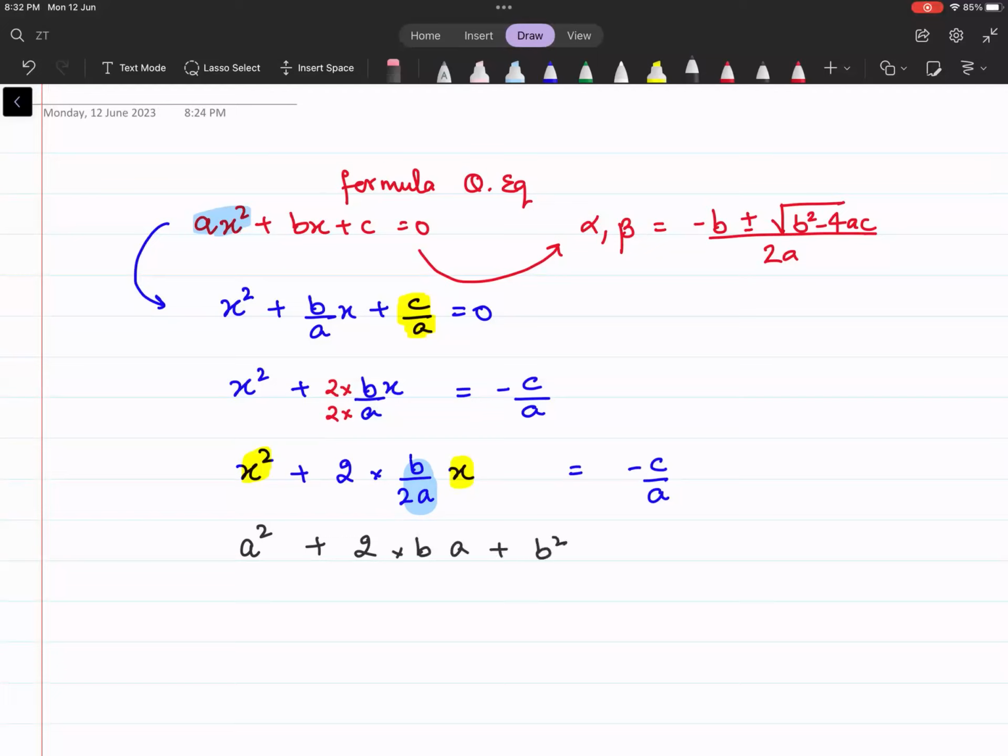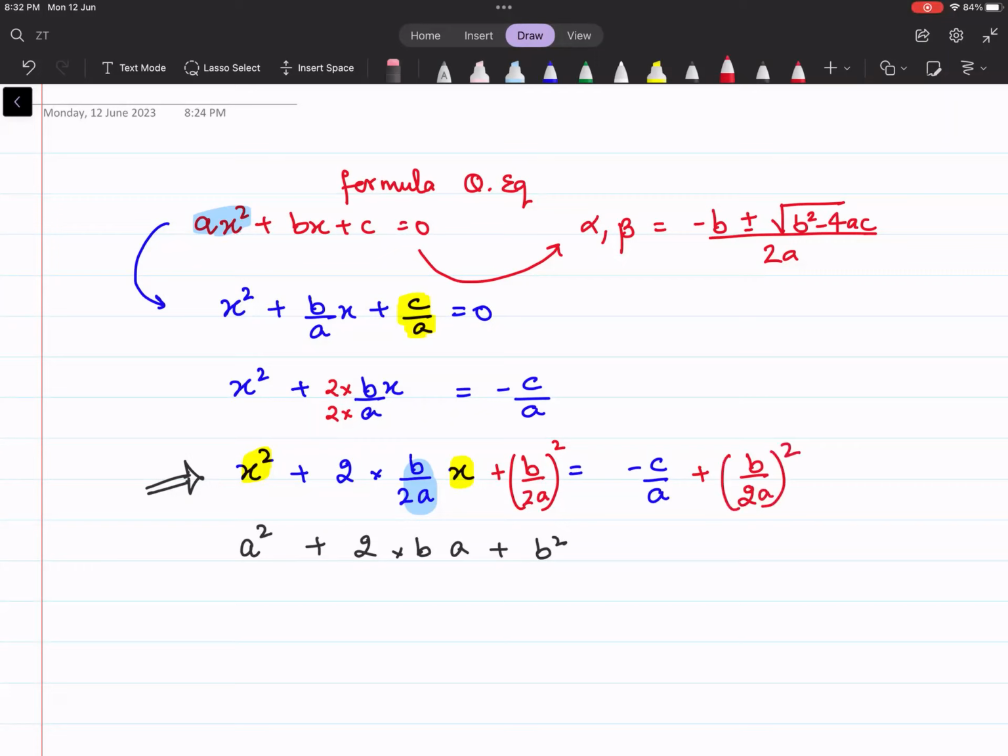If you want the LHS of this equation to form a complete square, what we'll do is add (b/2a)² to both sides of the equation. So we'll add (b/2a)² on this side also.